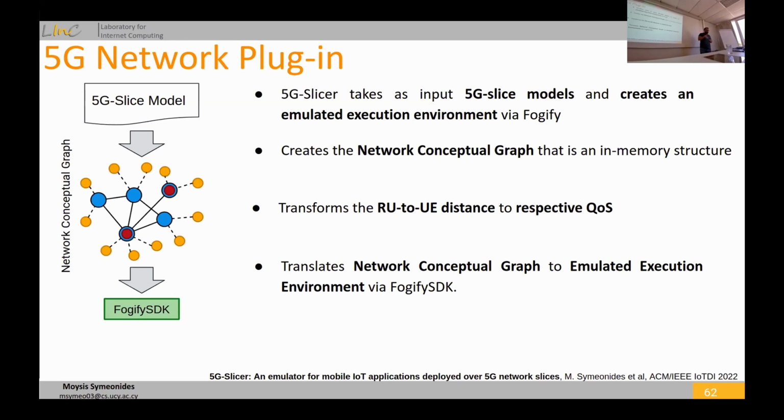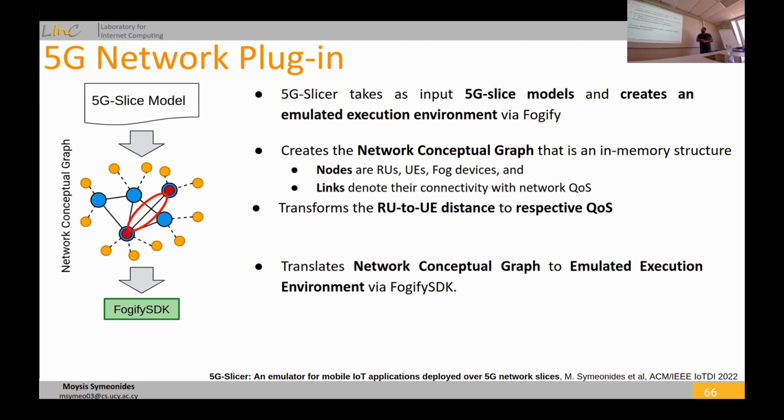Except for the simple enforcement of network QoS, we also have 5G networks. So for that reason, we created the 5G slicer plugin. The plugin takes as input the Fogify model, the model that I described earlier, and creates an in-memory conceptual graph. In this graph, the nodes are the devices, both network devices and compute devices.